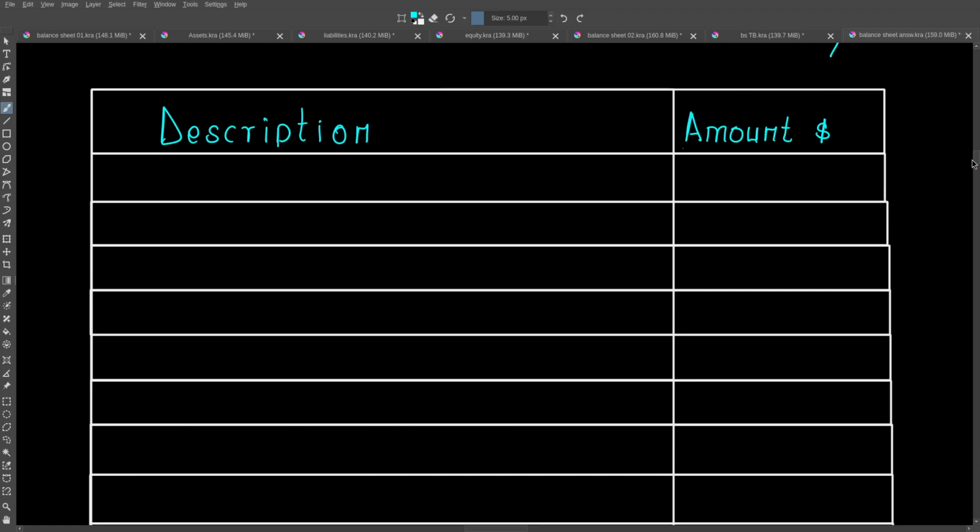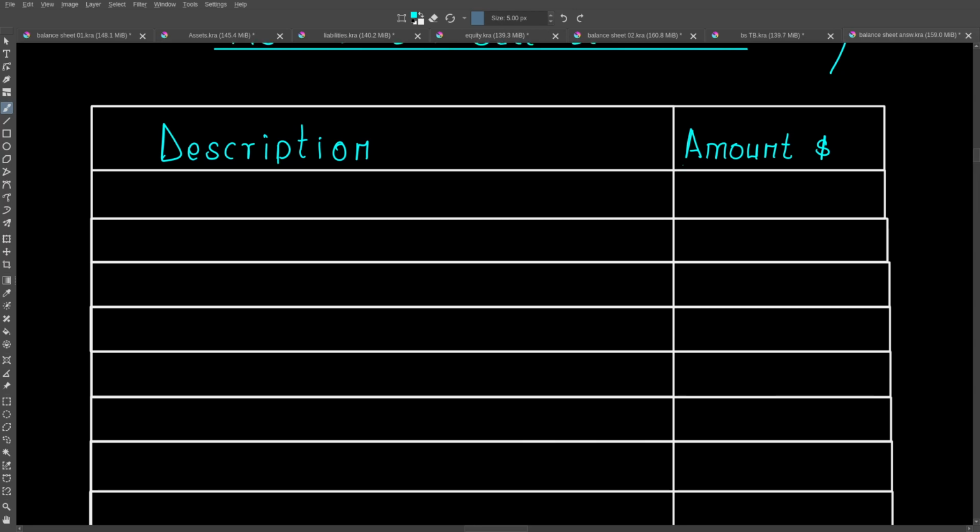Then we go to how to prepare the statement. Basically, when a business is preparing this, they're expected to have comparatives, where if we are looking at the period 2025 here, okay, then you should have period 2024 balances as well.